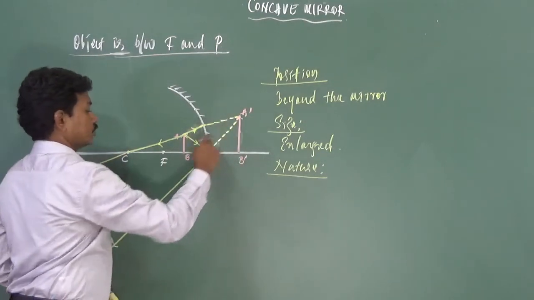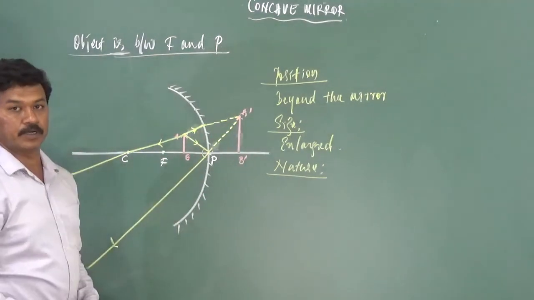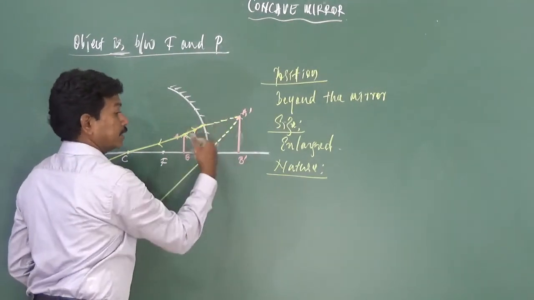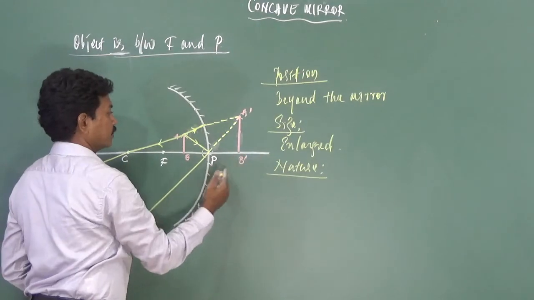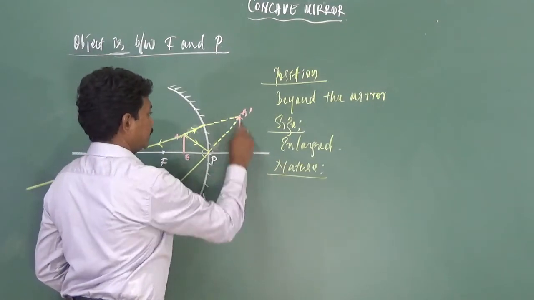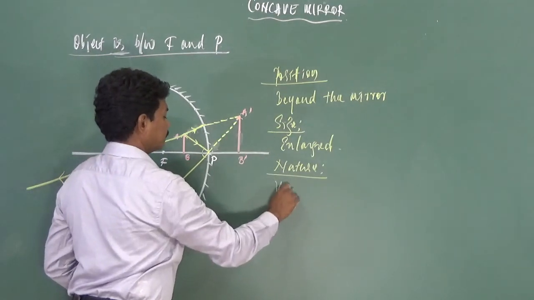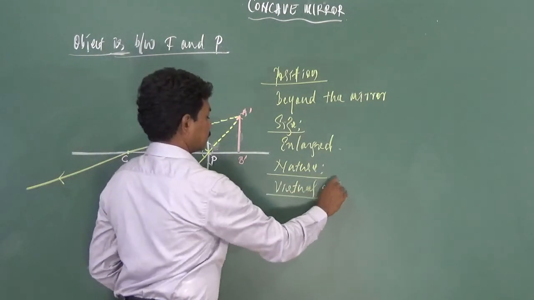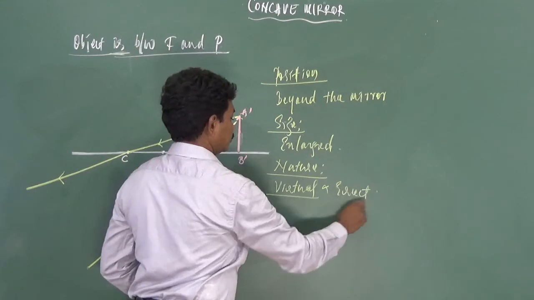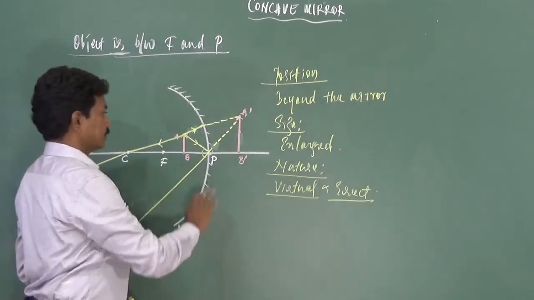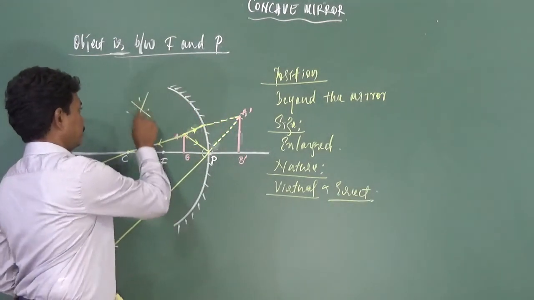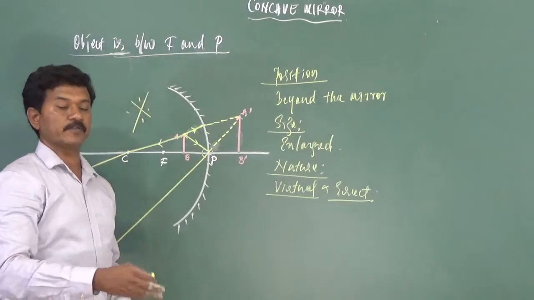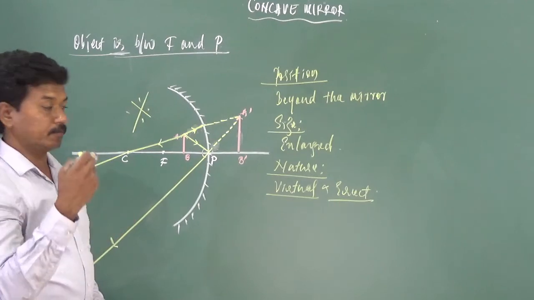Actually two light rays do not actually meet at that point. It appears as though the light rays meet at this point. So therefore the image is virtual. All virtual images are direct. Virtual and direct.